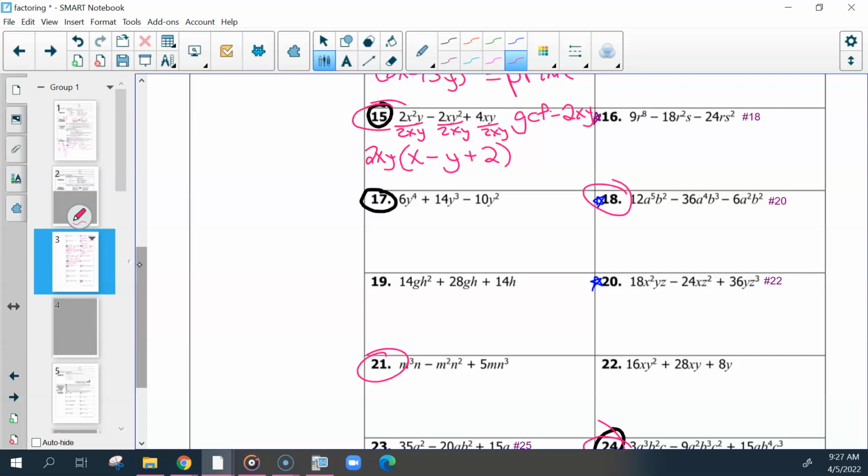That way you can see your factors for everything. What are some factors of 12? 3. Factors of 36.